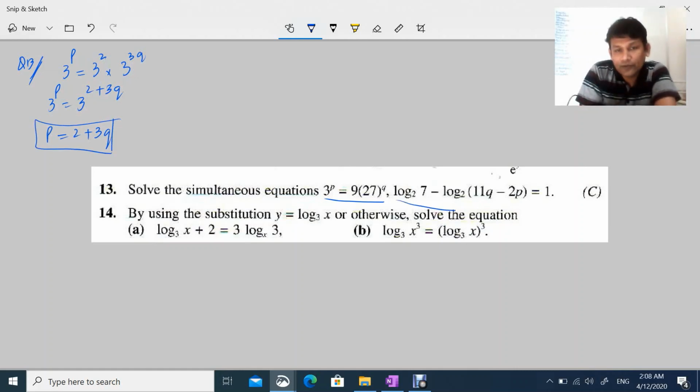Now I am moving to this part. Log 27, base 2. How can I make it 1?